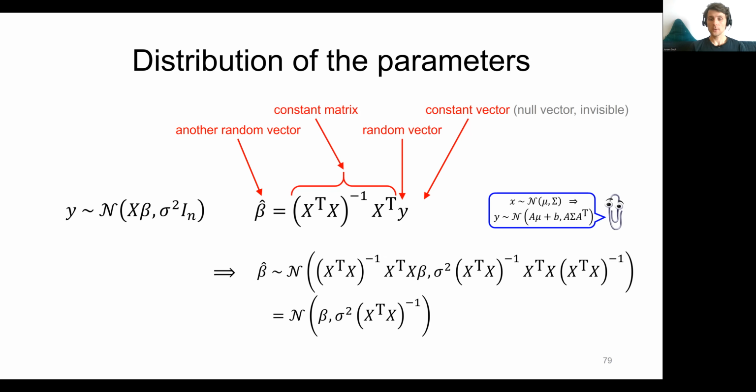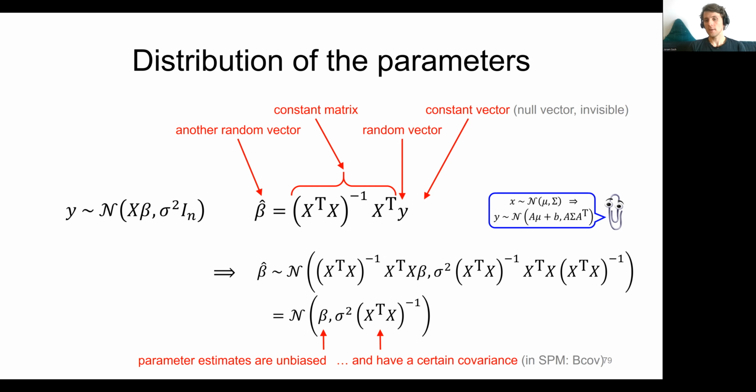And if we work that out, we can find that the regression coefficient estimates follow this normal distribution with the true regression coefficients as mean, meaning that ordinary least squares parameters are unbiased. They, on average, converge to their true values.